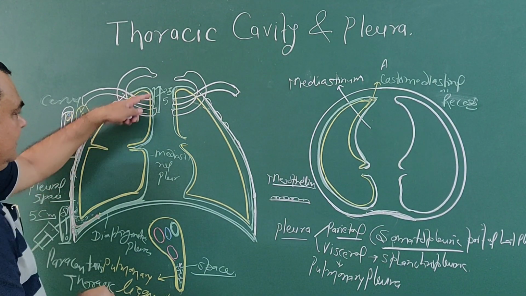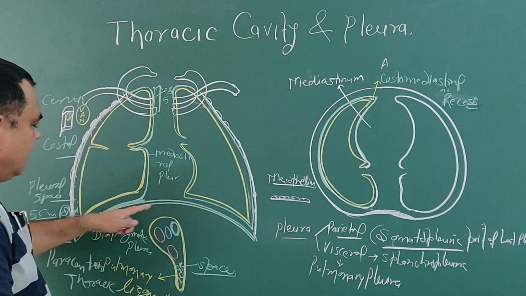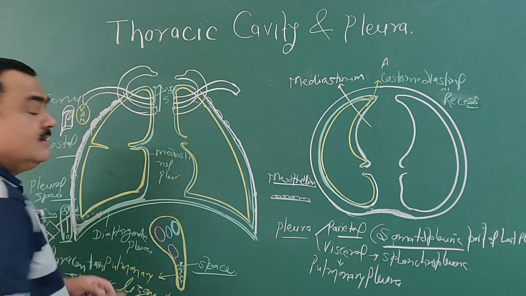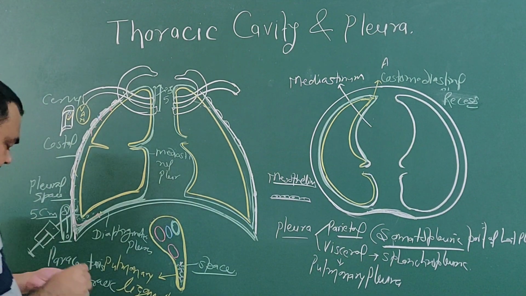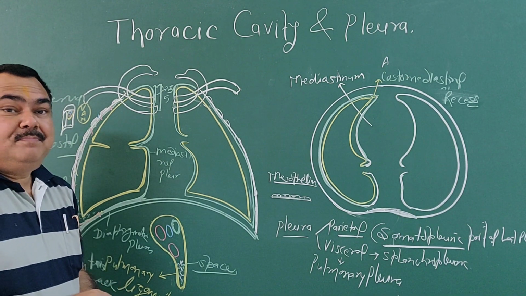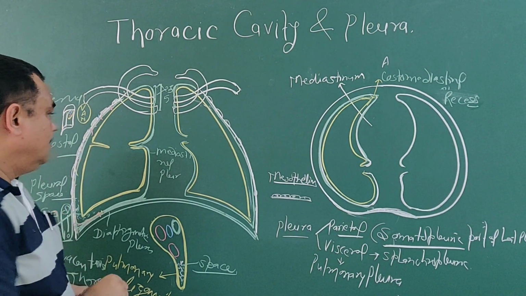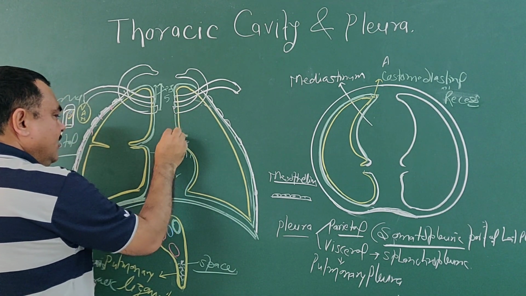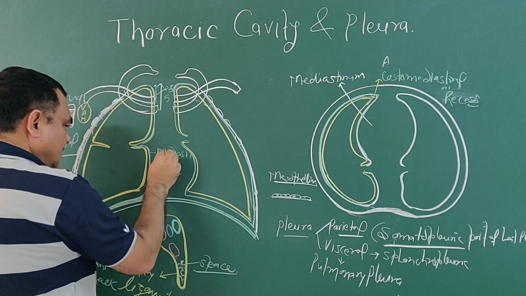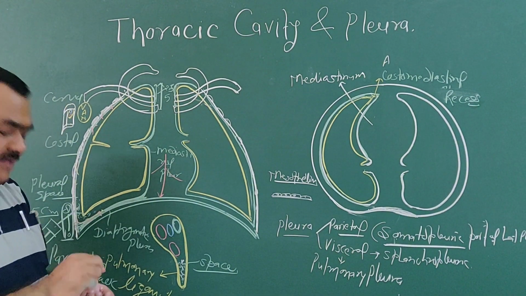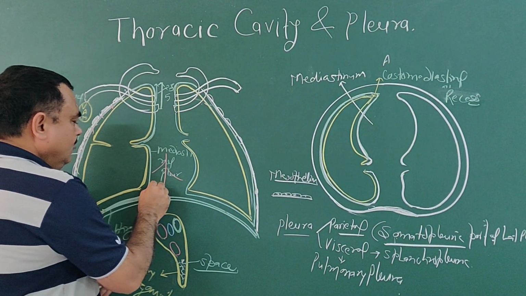Mediastinal pleura, and this central part of the diaphragmatic surface up to this level, is supplied by the pericardiophrenic artery. Venous drainage is the same, pericardiophrenic veins.